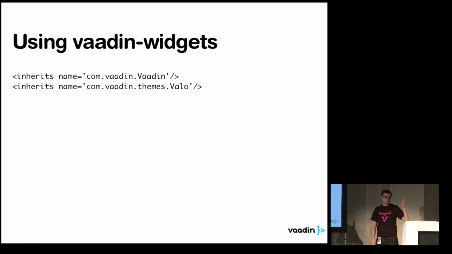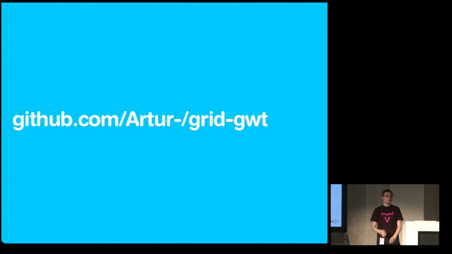To use it, you only need to inherit Vaadin and inherit the standard Valo theme if you want to use it, or then you can add your own theme, even though you might want to look at what's there to get all the low-level scroll bar styles and that kind of stuff. All right.